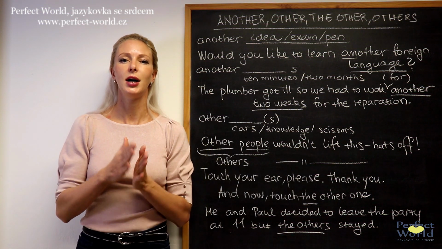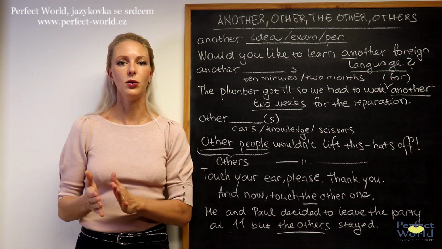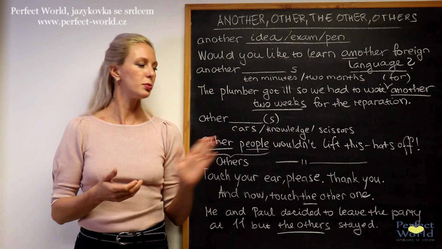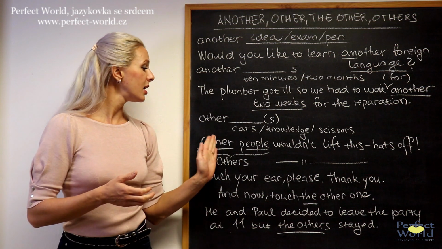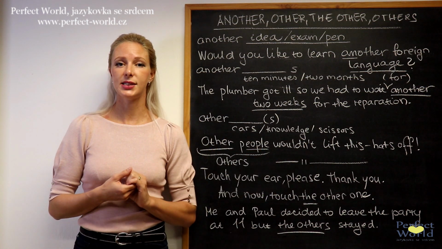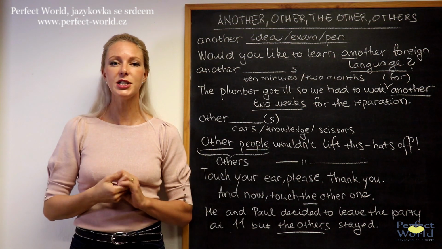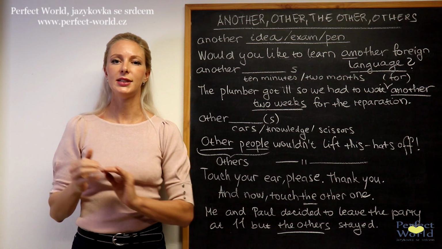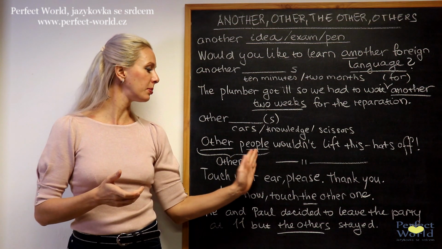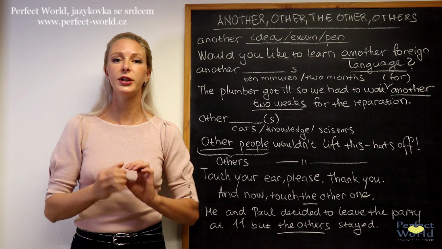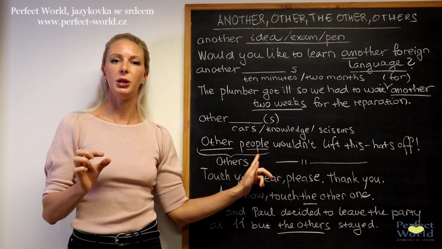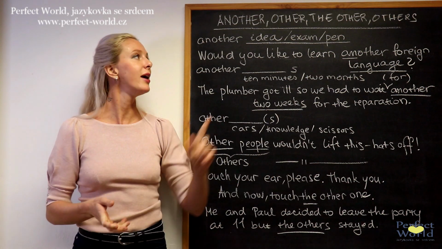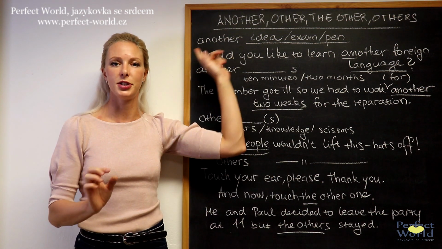Not other scissor, it doesn't exist, but other scissors. So plural, uncountable, always plural. We could say, for instance, other people wouldn't lift this, hats off. People is an irregular plural word, that's why we say other people. We can't say another people as this is a singular article.